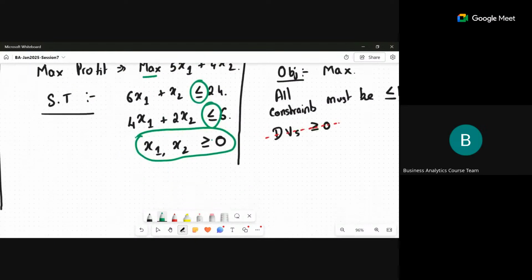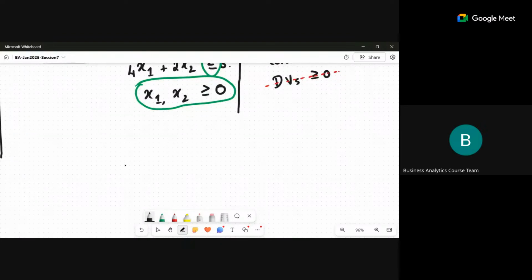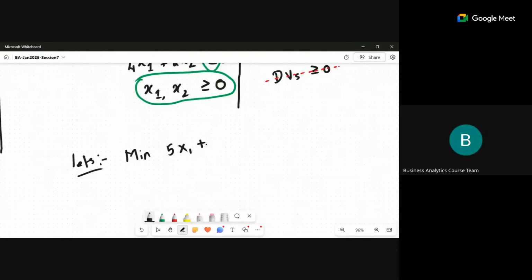Now a question. Let's say in the same problem, instead of a maximization objective, you had the objective as minimization. Just for example, let's say these were costs and you have to minimize 5x1 plus 4x2.